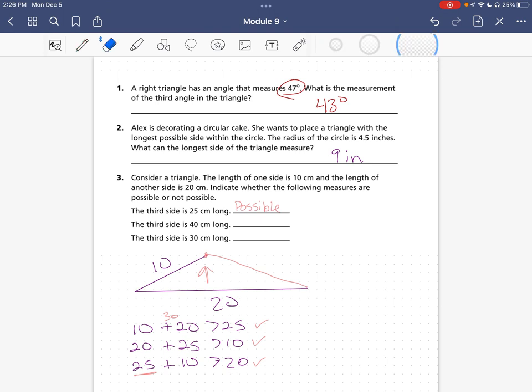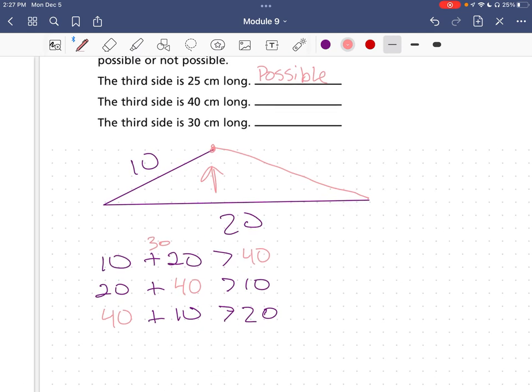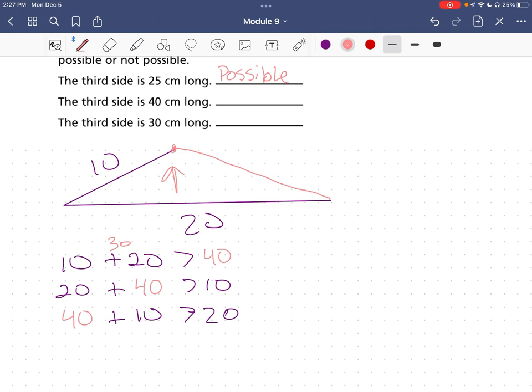All right, let's try 40 centimeters. So let's take that 25 out. Let's see if that works. See if it passes our inequality theorem. 10 plus 20 is greater than 40, 20 plus 40 is greater than 10, and 40 plus 10 is greater than 20. Pause your video. Are all of these true? If so, write down possible. If not, write not possible. Unpause the video when you are good to go.